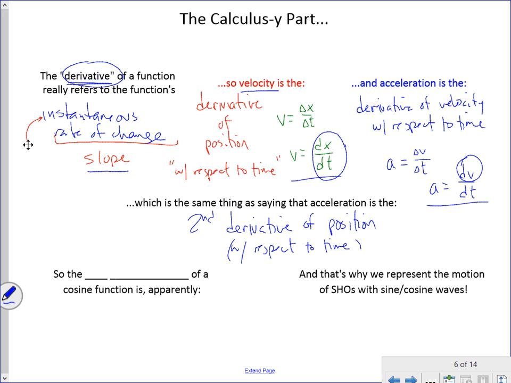Okay? So acceleration is the second derivative of position.